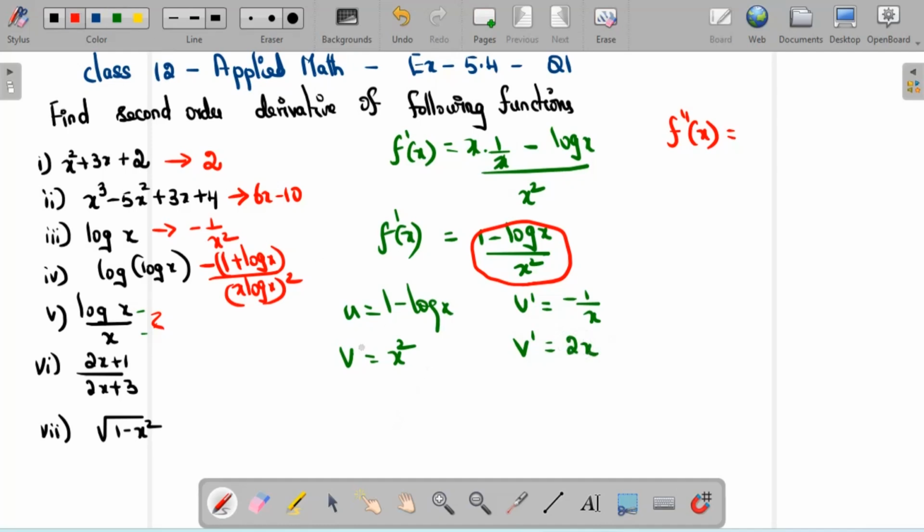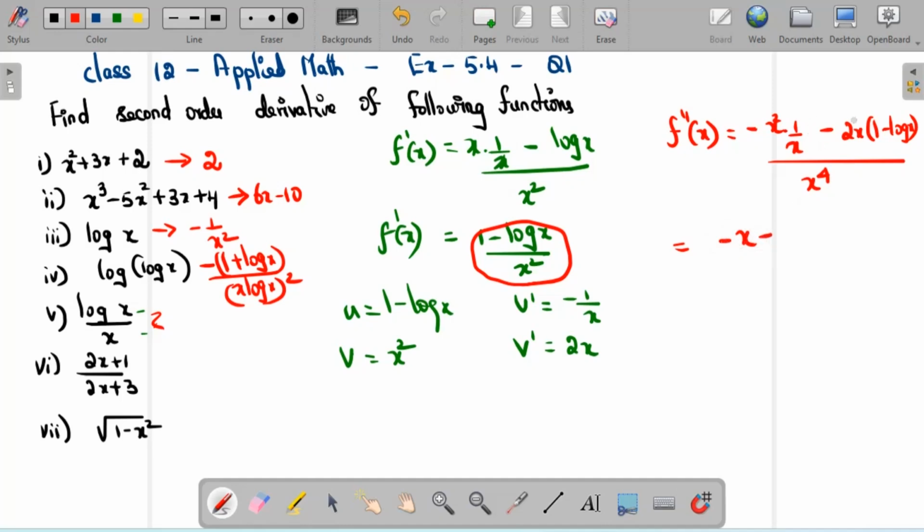Now let's apply the formula v u dash. So it is minus of x squared into 1 by x minus u v dash, which is going to be 2x into 1 minus log x, the whole thing divided by v squared, so x squared the whole square is x power 4. So if you simplify, this is going to be minus x.